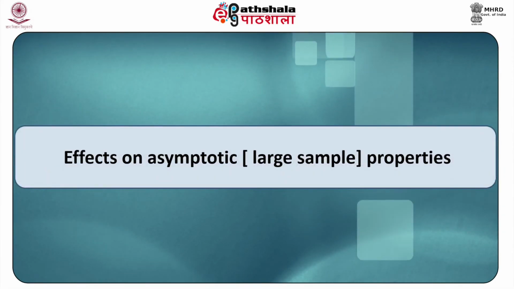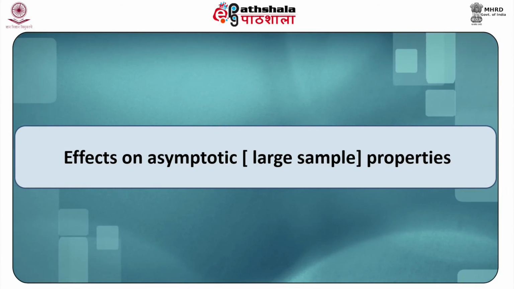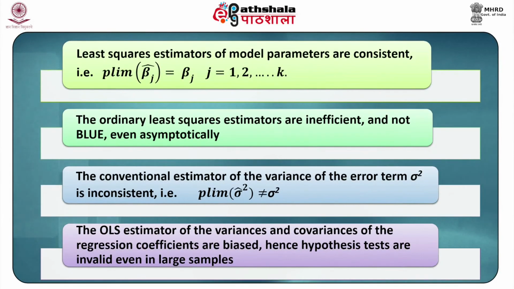Let us understand the effects on asymptotic or large sample properties of all these. First effect is least squares estimators of model parameters are consistent. That is, probability limit of beta j hat is equal to beta j, where j is equal to 1 to k. The second is the ordinary least squares estimators are inefficient and not BLUE, even asymptotically.